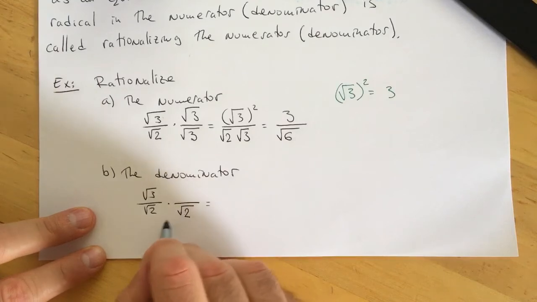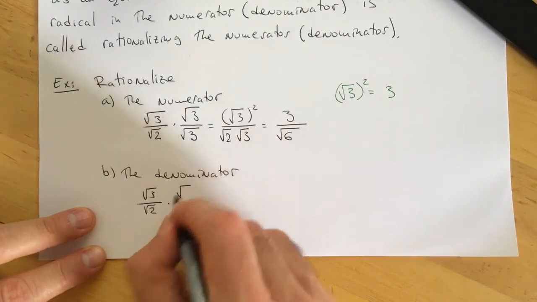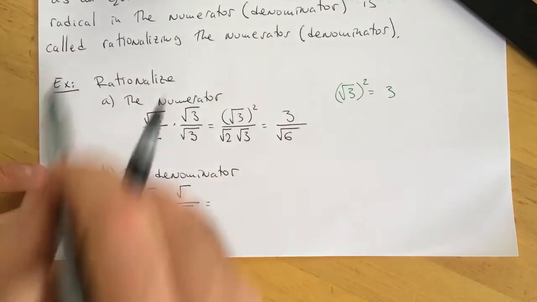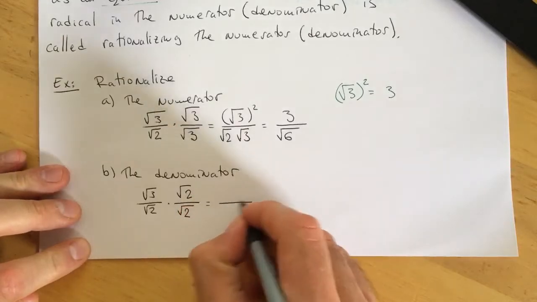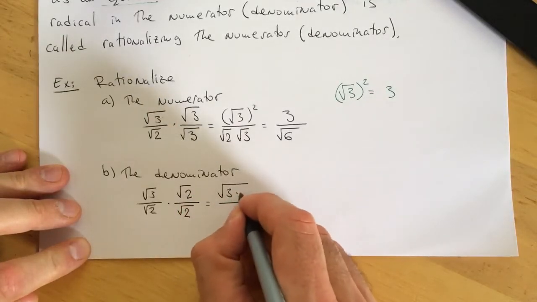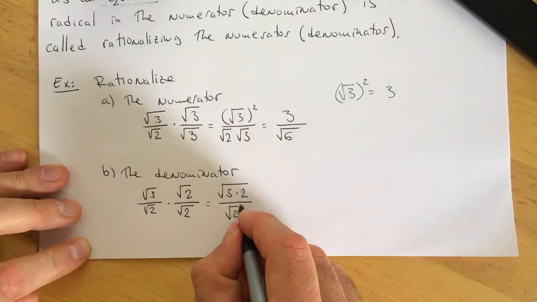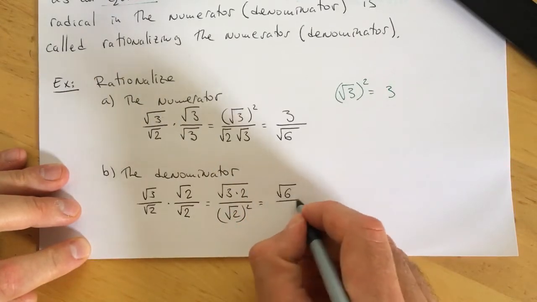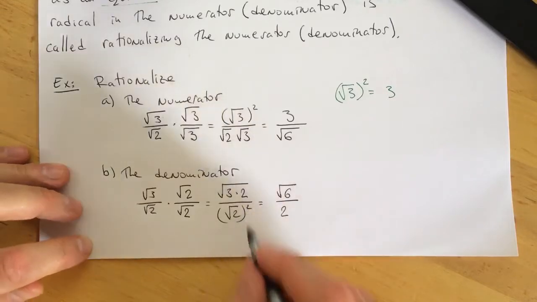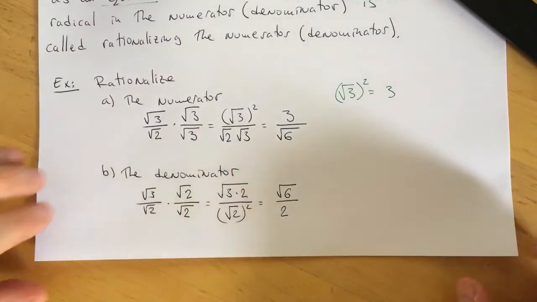If I multiply the denominator by square root of 2, in order for this expression to be equivalent, I need to multiply the numerator also by square root of 2. In the numerator, I have square root of 3 times 2, and in the denominator, I have square root of 2 squared. And that's equal to square root of 6 over square root of 2 squared, which is just 2.